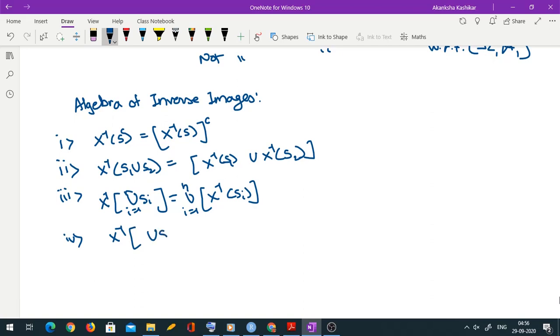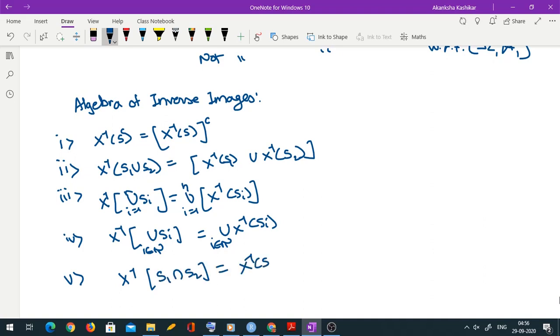So X inverse of union Si is the same as union X inverse of Si, where i belongs to the set of natural numbers. Similarly, you can have a result for intersection. So X inverse of S1 intersection S2 is the same as X inverse S1 intersected with X inverse S2.